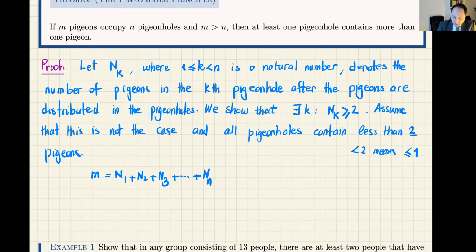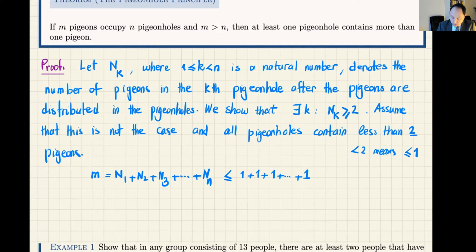If that is the case, then this sum, on the other hand, is smaller than or equal to 1 plus 1 plus 1 up to plus 1. Yes, because I am assuming that all pigeonholes contain less than 2 pigeons, it means that all pigeonholes contain at most 1.